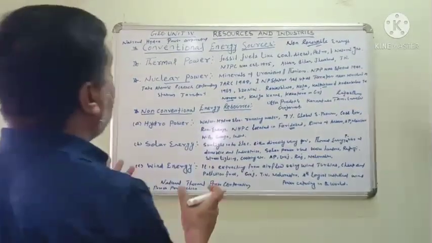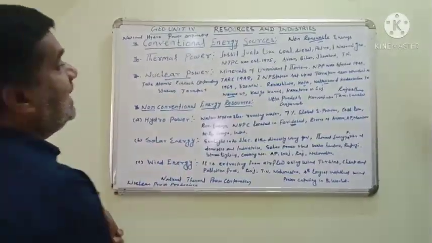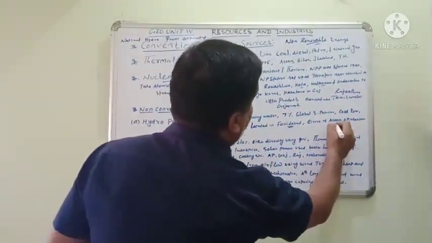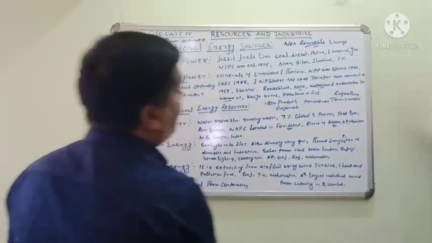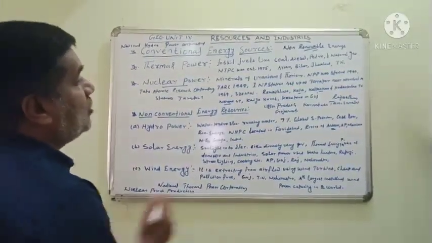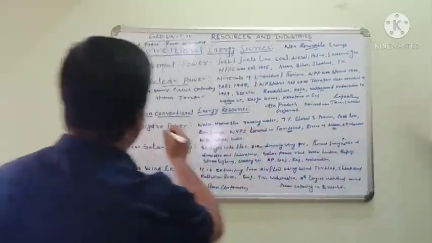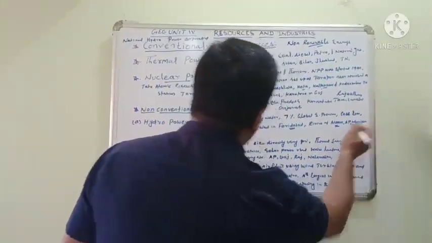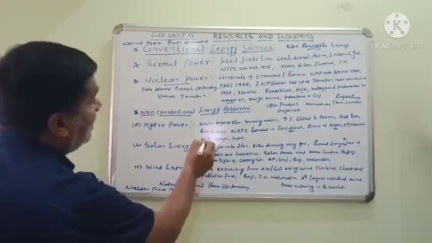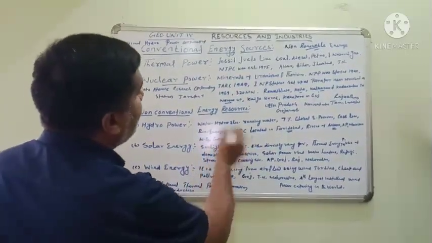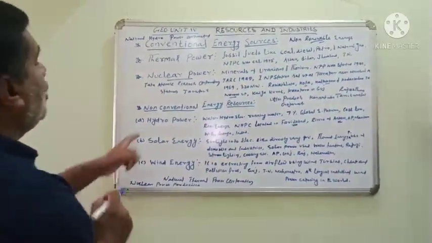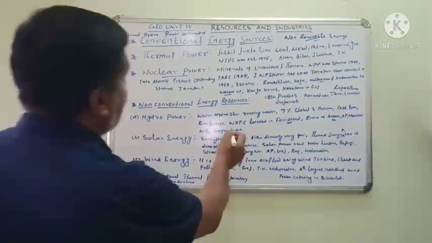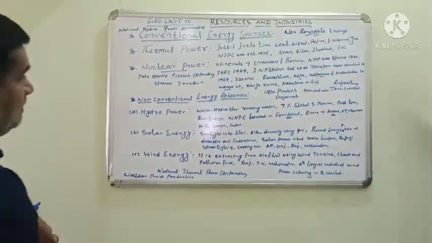Hydropower is generated in the rivers of Assam, such as the Brahmaputra, and other rivers also, in Andhra Pradesh, Manipur, the Western Ghats, the Ganga and the Indus. These rivers are also noted for hydropower generation.